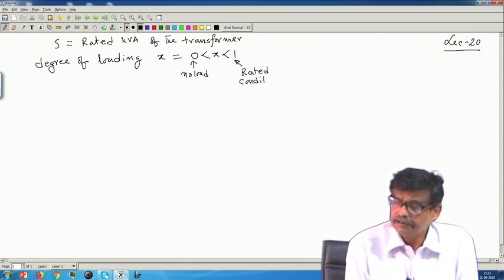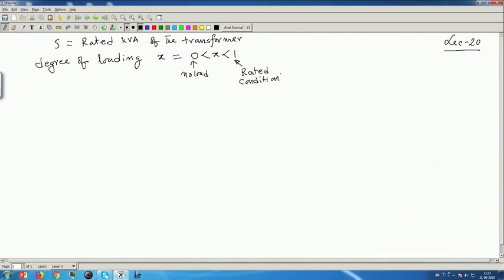What is rated condition? Rated condition is rated voltage applied and the windings carrying rated current.